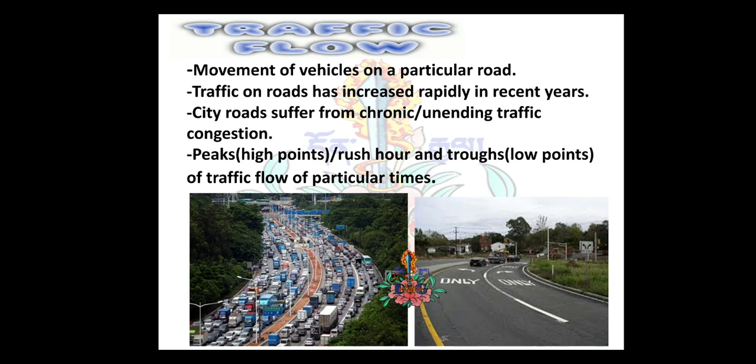During that time we have the maximum number of vehicles on the road, because many people are moving to offices, colleges and schools between 9 and 10, and after 4 to 6 p.m. people are coming back to their respective homes from offices and schools. Because of that we have more vehicles on the road, so these times are high points or rush hours. Low point means from 11 to 3 p.m., when we have fewer vehicles on the road.